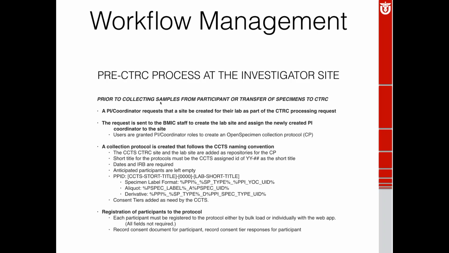And then we'll also start on the collection protocol. The CCTS is interested in helping folks use a more standardized ontology for using consent tiers. We'd like to be able to search through the OpenSpecimen system for specimens of a certain type that have a certain type of consent available. So we're exploring implementing a new consent ontology.